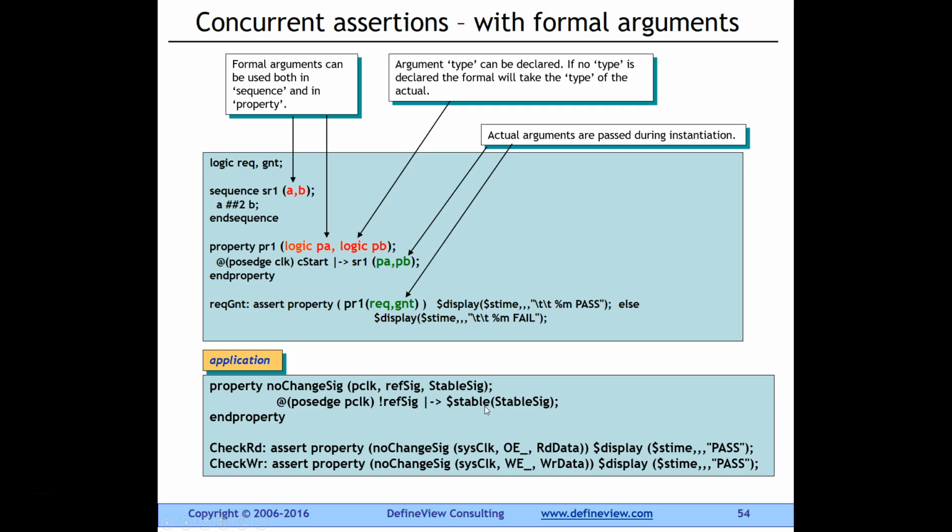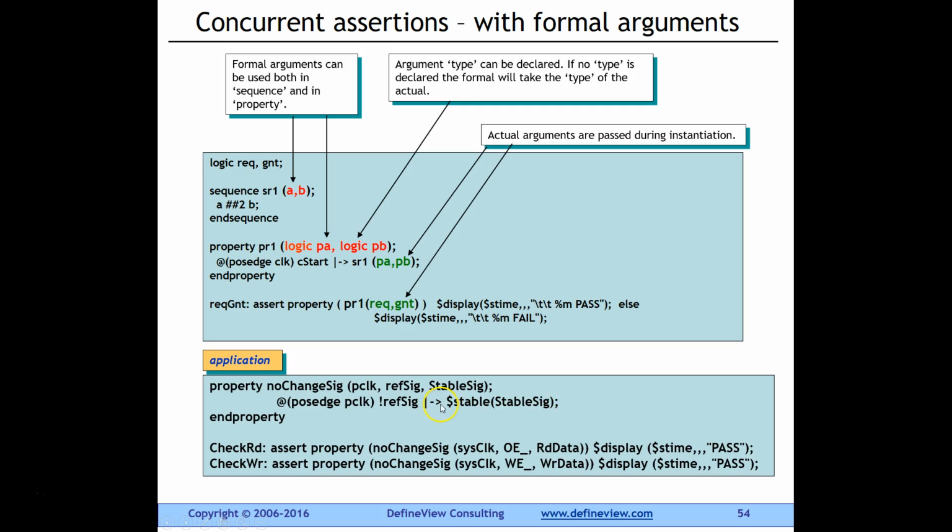Now what I'm doing is I'm taking this property and asserting it here, assert property, no change sig, but I'm passing it sysclock, output enable, and read data. And so these three actuals will take place of these three formals. And whenever output enable is low, that means output is enabled, then read data should be stable.